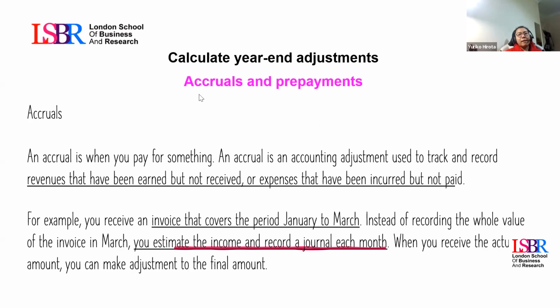We are not affecting the income statement because this income is not real. It's only in the contract, but we are recognizing the value of that contract. This is an accrual. And obviously, when these 3 months have passed, we can affect directly the income statements in the section of revenue.